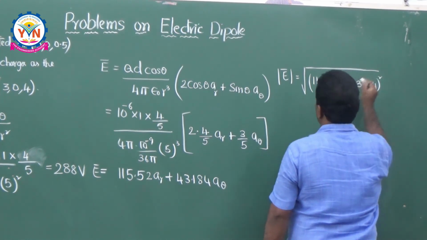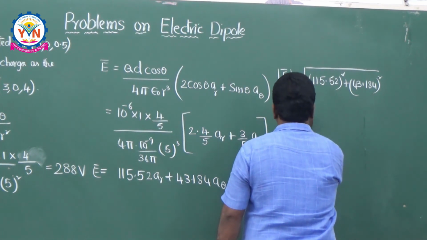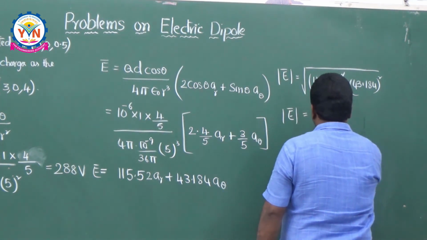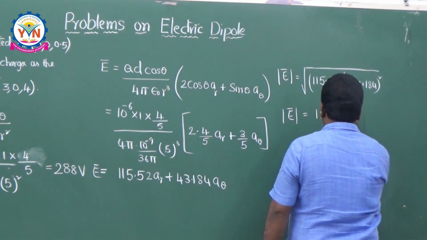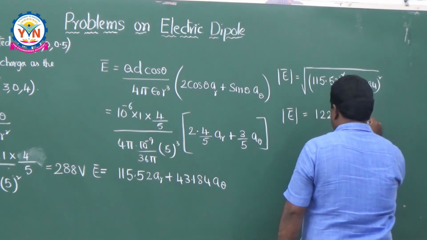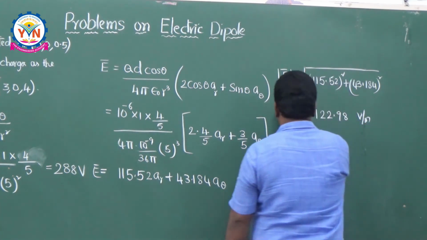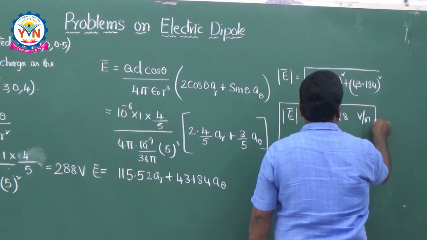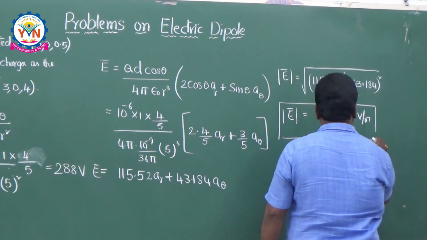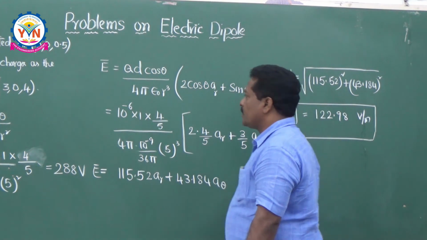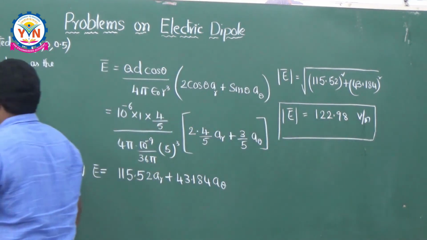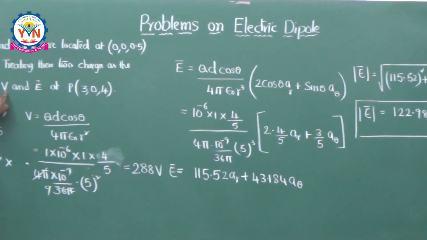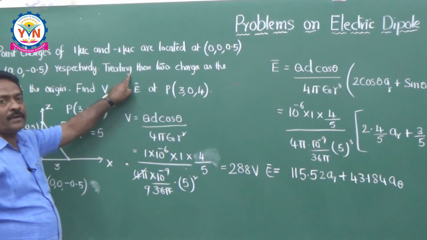So this will be equal to 22.98 volt per meter. So this is the answer for this. Okay. So this is the way of calculating the potential or electric field intensity for this problem.